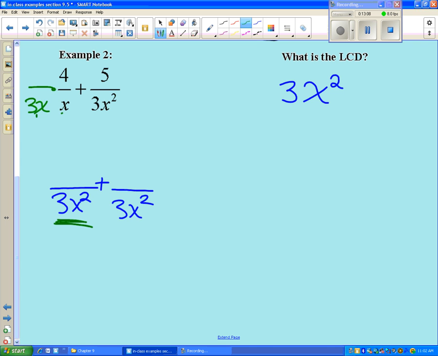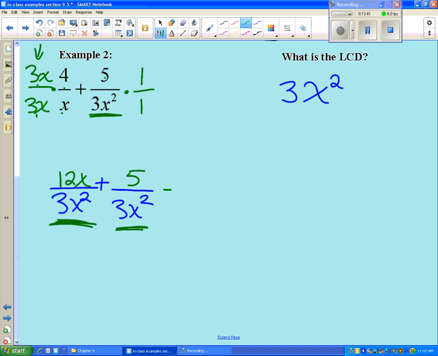Well, if I multiply the denominator by 3x, I have to multiply my numerator by 3x, so that this is 1. 3x times 4 is 12x. That's my first fraction converted to have a common denominator of 3x squared. My second one, well, I want 3x squared to be 3x squared. Well, it's already there. It's multiplied by 1. So 5 times 1 is 5.